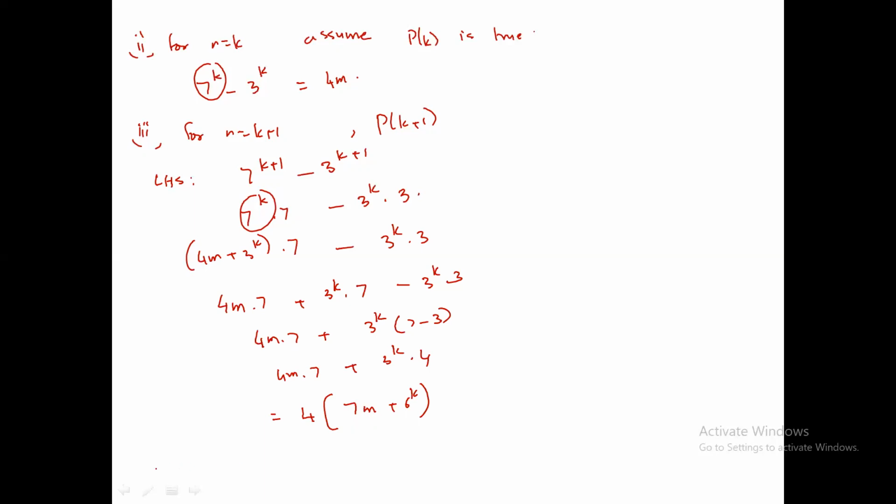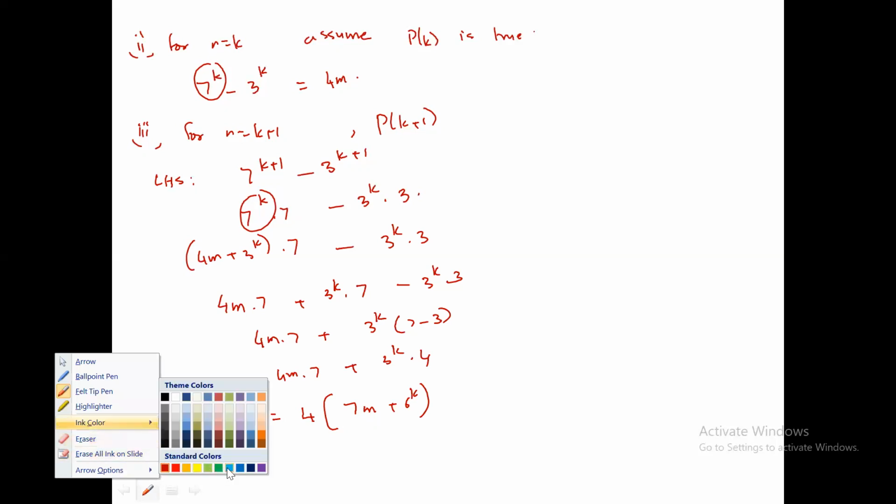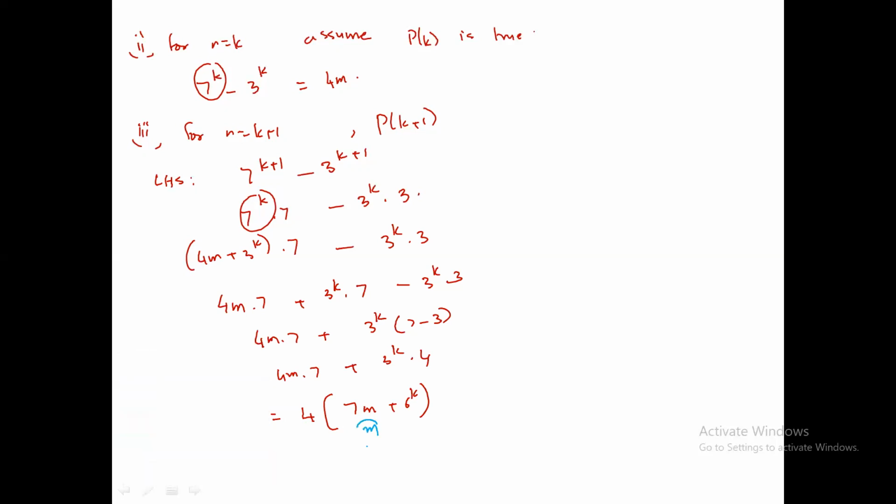So that means I got nothing but a multiple of 4, 4 into some number. I got it. That means I can say by the principle of mathematical induction, the statement is true for all n belonging to Z, the set of positive integers.